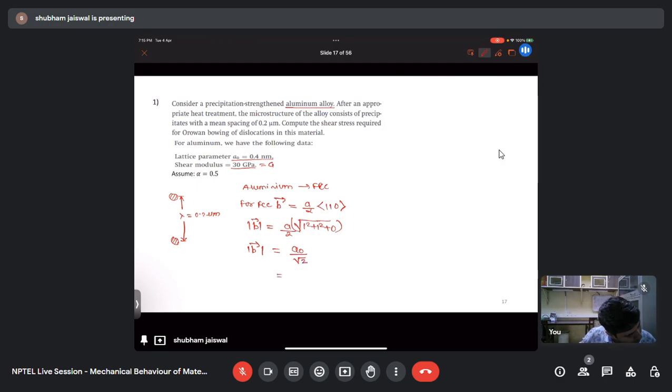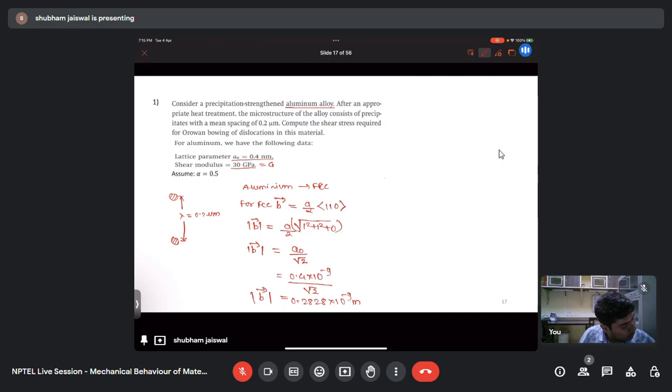So a naught is how much? 0.4 into 10 to the power minus 9 divided by root 2. So we'll get the Burgers vector as 0.28 into 10 to the power minus 9 meter. Okay. So now we got the Burgers vector.